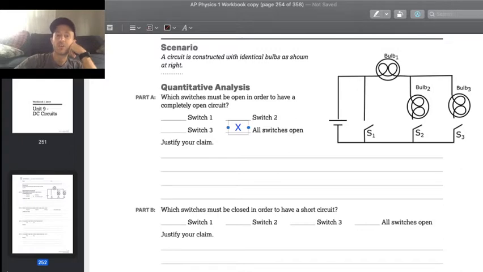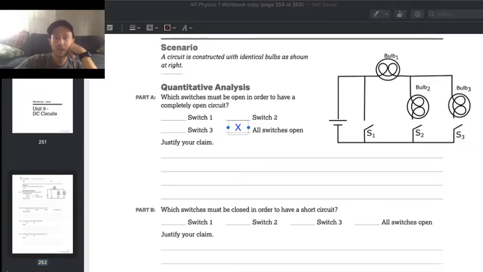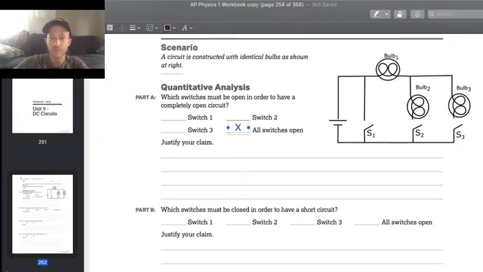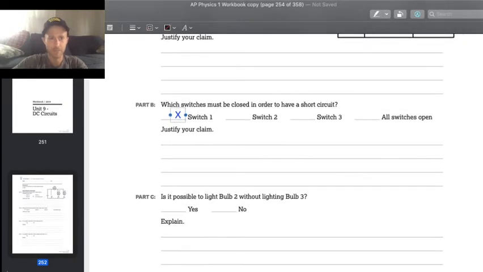However, if we close switch 1, the current will go out the battery, go through switch 1, which has no resistance, and come all the way back to the battery. That would be a pathway with no resistance. So I'll put an X, switch 1 must be closed in order to have a short circuit.